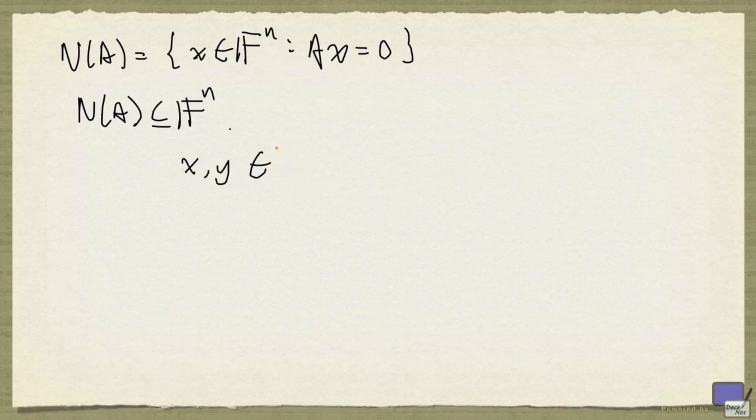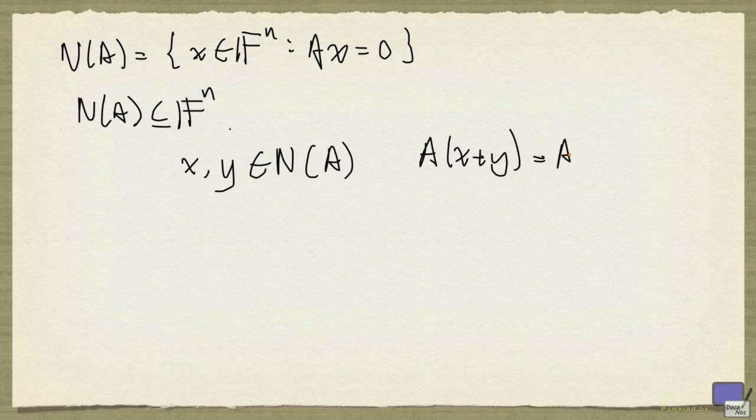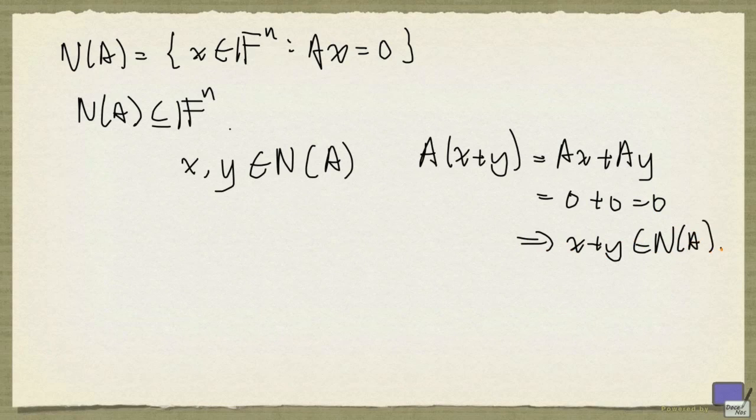So if you take any x, y in N(A), the question is, is x plus y in N(A)? And to check that, we just need to take A times (x plus y), and that can be written as Ax plus Ay, and that's 0 plus 0 equals 0. So x plus y is also in N(A), and so N(A) is closed under addition.